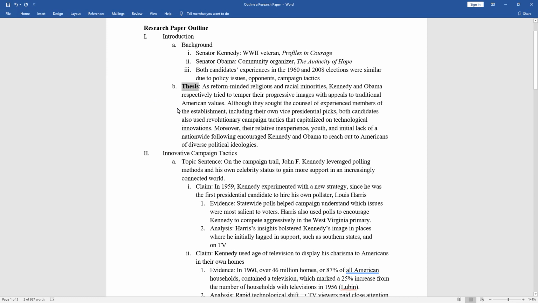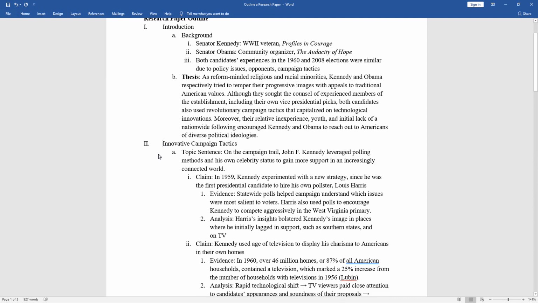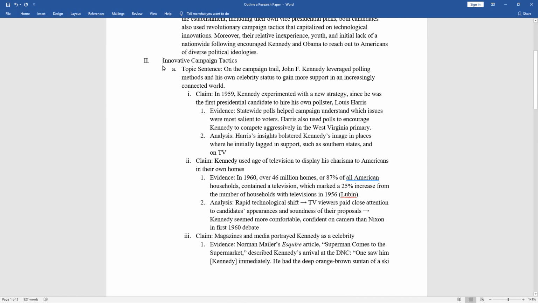I also divided my paper based on specific topics, including presidential debates, foreign policy, domestic policy, and innovative campaign tactics. And under innovative campaign tactics, you can see that I start out outlining every single paragraph with my topic sentence. This topic sentence says, on the campaign trail, John F. Kennedy leveraged polling methods and his own celebrity status to gain more support in an increasingly connected world.